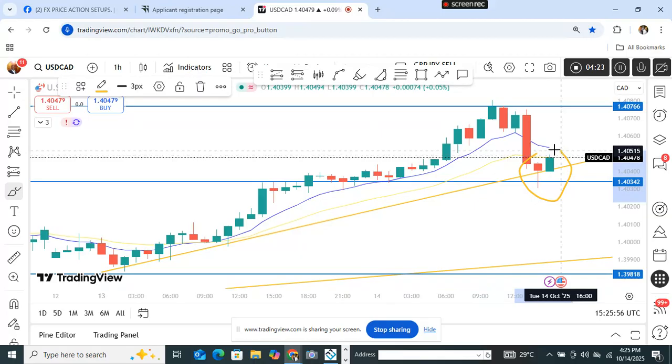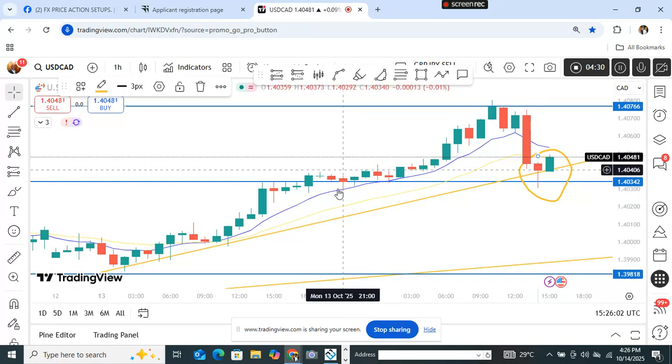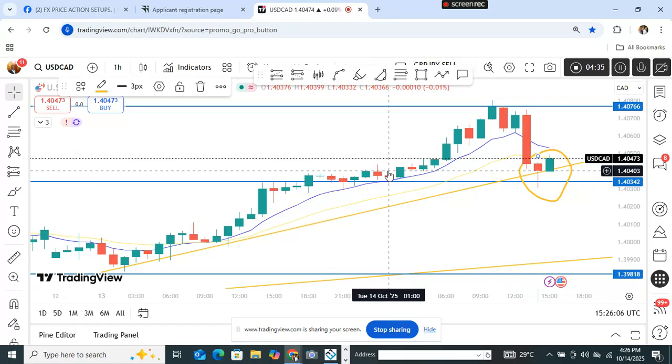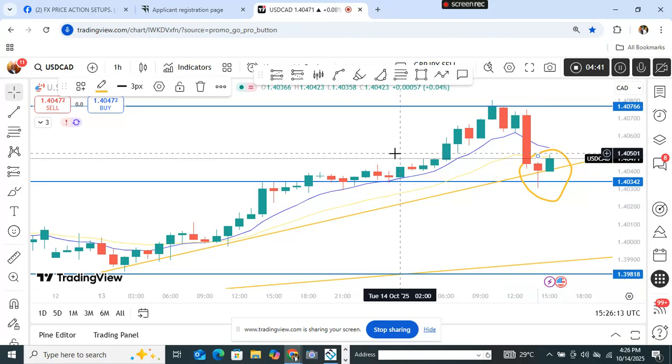So we can see that this formation is also in respect of the candlestick movement, and the price is going to pull up if we see a bullish engulfing, particularly if this candlestick closes as a bullish candle.